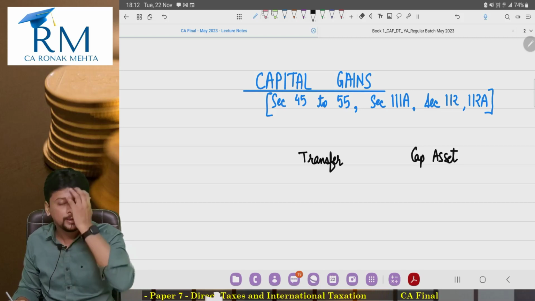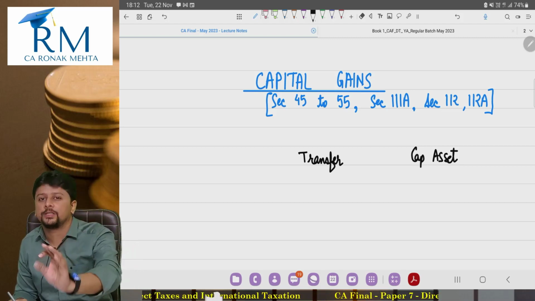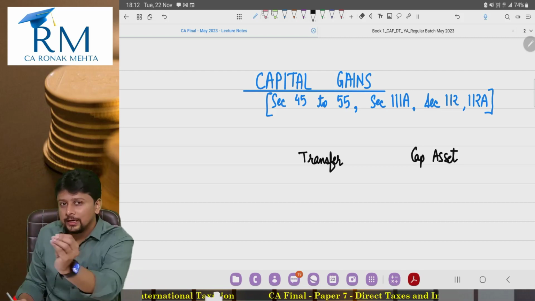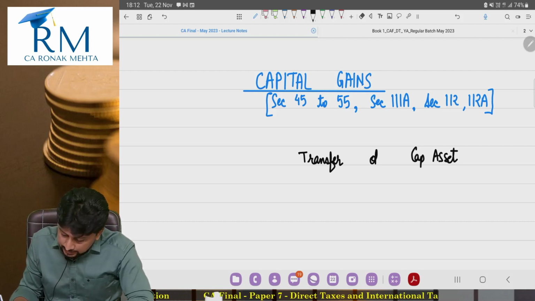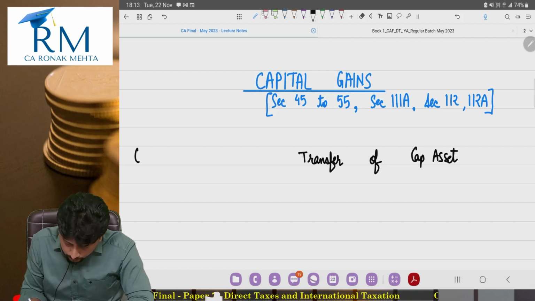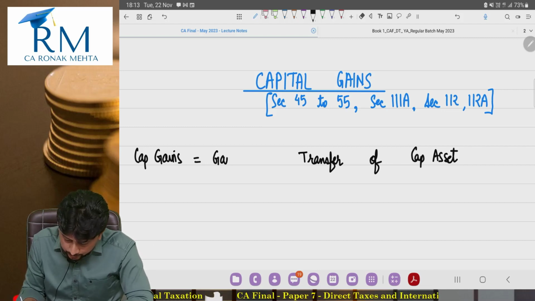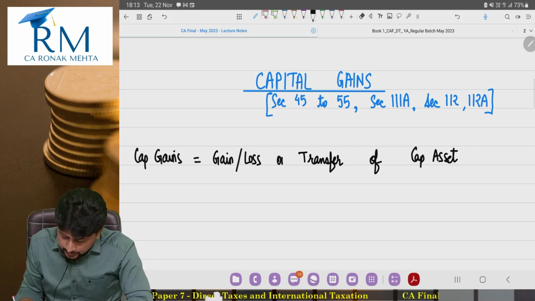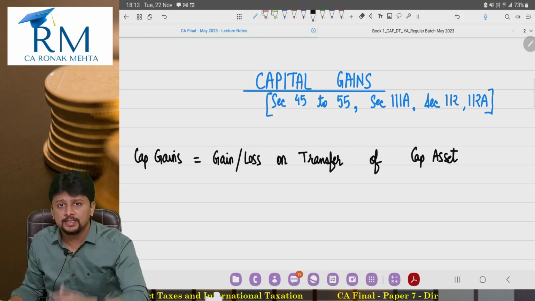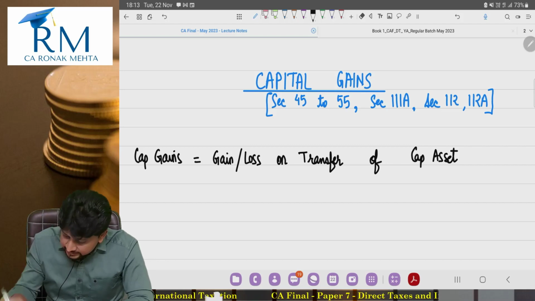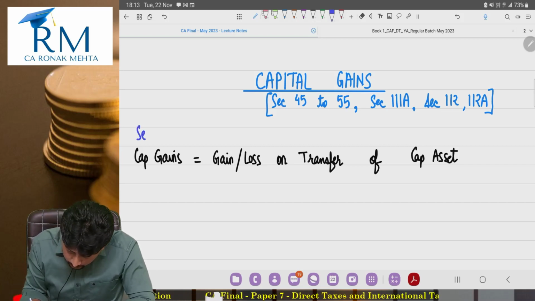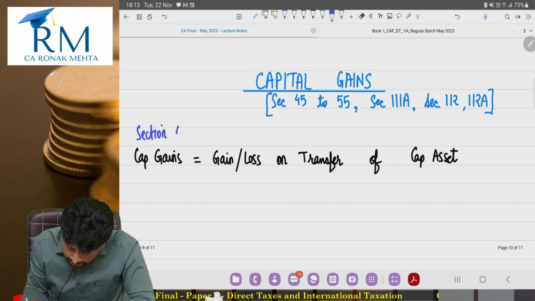I am presuming that you remember this much from your CA Inter, that when there is transfer of a capital asset, what you get is capital gains. Of course, when you transfer, you can have a profit also, you can have a loss also. The profit or loss, gain or loss on transfer of a capital asset is capital gains. This is what is highlighted in the charging section of capital gains.